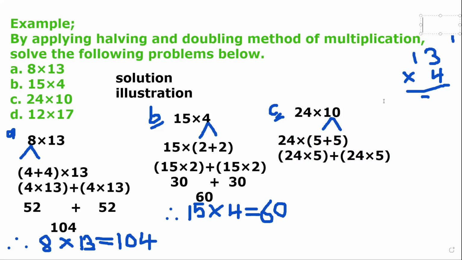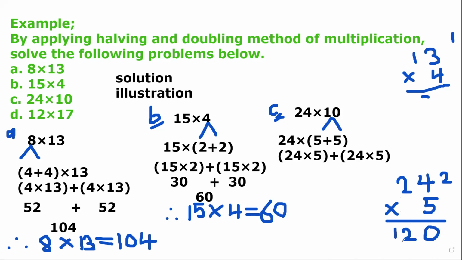Or let's work it somewhere here. 24 times 5. 5 times 4 is what? 20. So you write the 0 and then the 2. 5 twos is 10 plus 2, which is 12. Okay, that is 120. Are you okay?